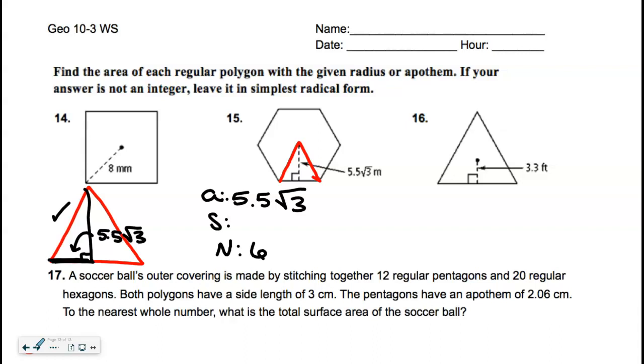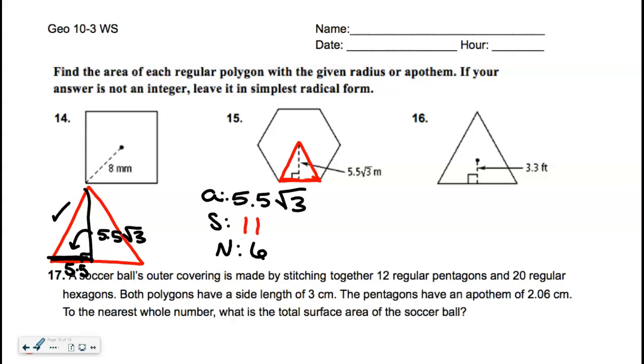What would this little piece right here be? 5.5. Yeah, because the long is multiplied by root 3. So this must have been a 5.5. I don't put that in for the side length because I actually found on my big picture only half of it. So if that's 5.5, and this is 5.5, you guys are really listening.